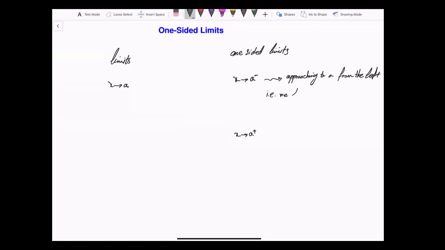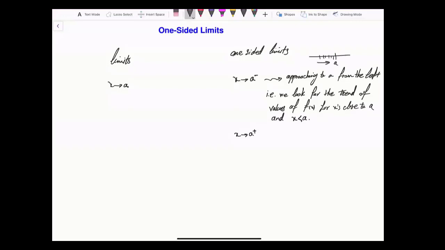It means that we look for the trend of values of f(x) for x's close to a and x's which are less than a. So we get closer to a only from the left.